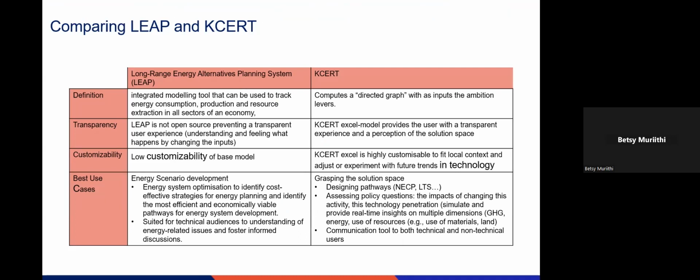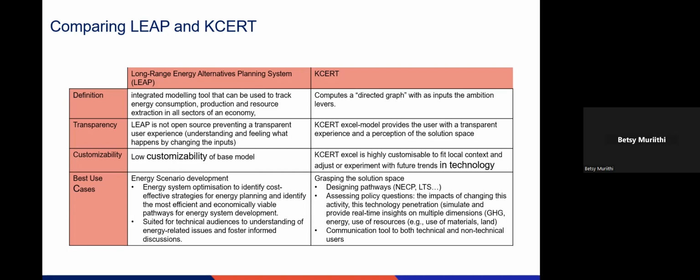With KCERT, like I said, you have an infinite amount of solutions to explore. It's open source, so anyone with a Microsoft Office license can download the model, explore it, customize it for their own needs. While LEAP is not open source, so you can't really customize. You have to model your energy system to fit into the options that they have.